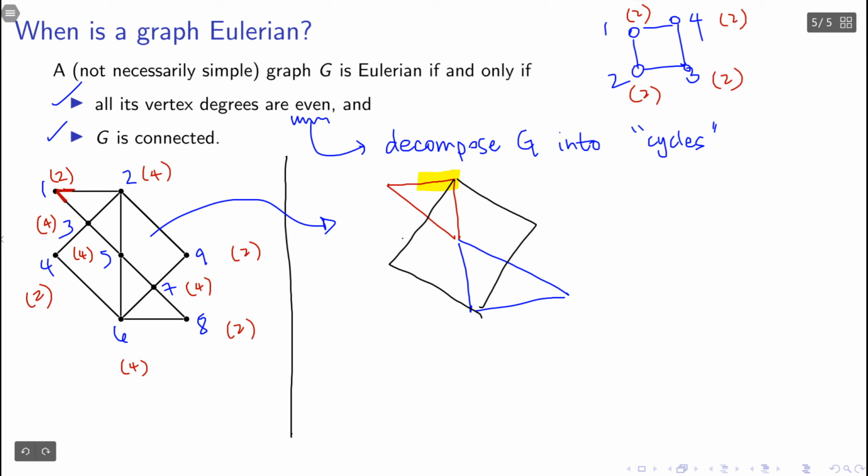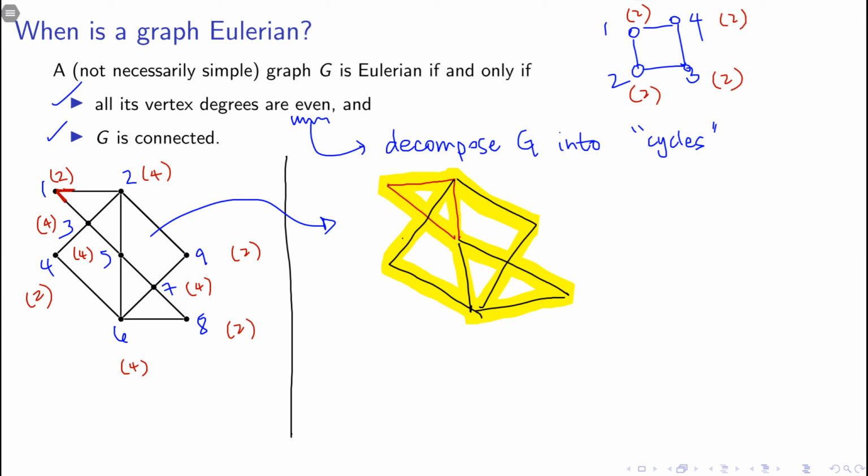I can draw the red cycle, and at this point, oh, there's another cycle there. So I'm gonna follow the black cycle until I return here, and then continue the red cycle. Oh, and at that point, I do the blue one, and then return back. So you're basically inserting cycles within other cycles in order to draw the graph.